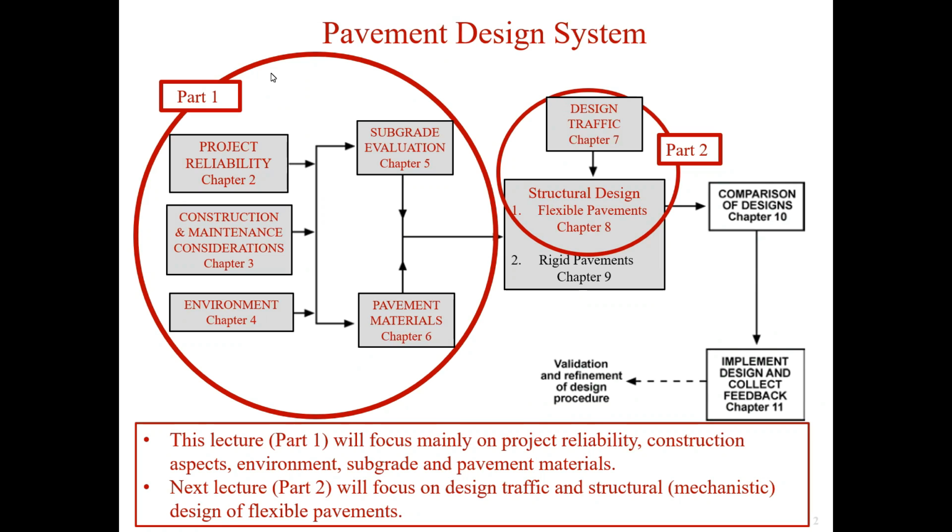This lecture will focus on the project reliability, the construction and maintenance considerations, the environment, subgrade evaluation, and pavement materials. So the left circle shows the input variables in the pavement design system. The next lecture will focus on the design traffic and structural design of flexible pavement. Once the design is completed, it could be implemented, and the feedback will be used to refine the design procedure.